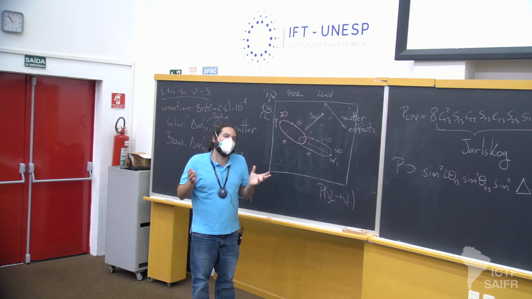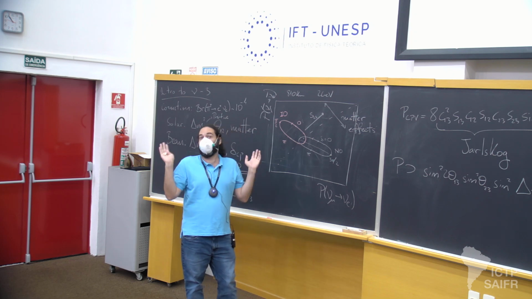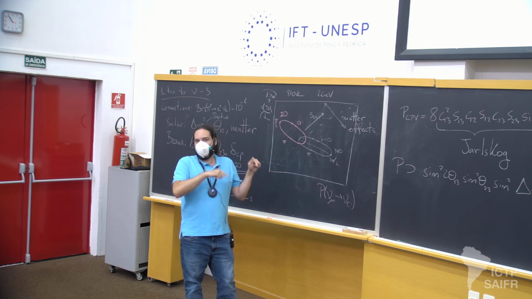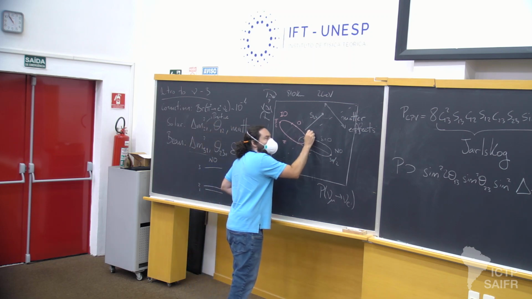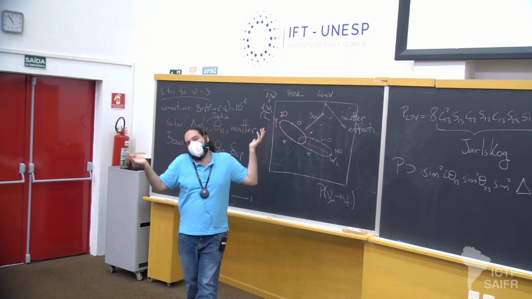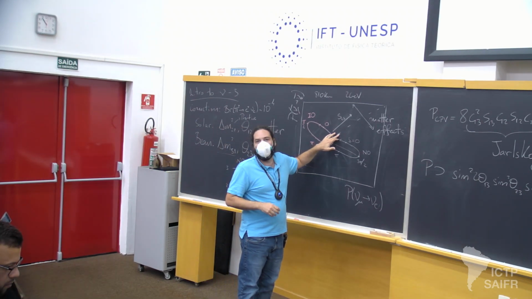But in principle, if I had only 2 neutrinos, I don't have CP violation. We have discussed that P mu e is equal to P mu e bar. I would be a point here. There's no delta CP to vary, so that's kind of boring. So in principle, you could be on the equal line.